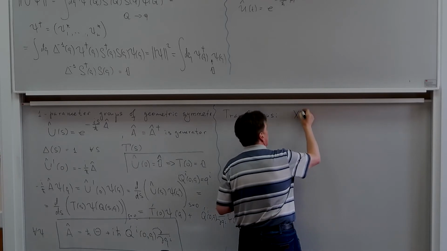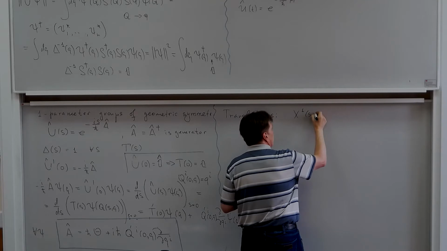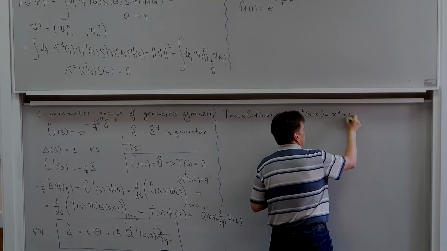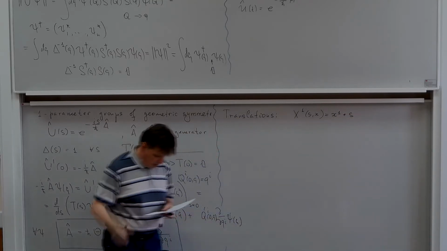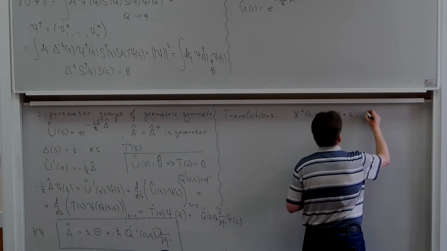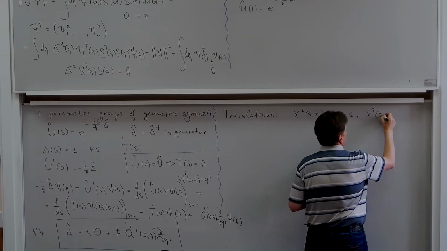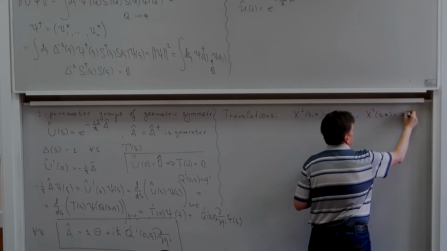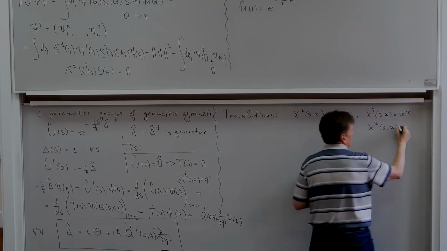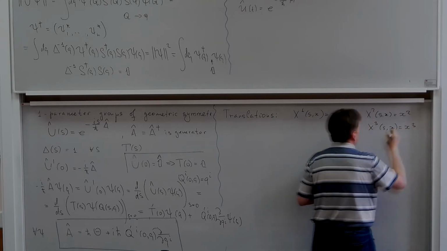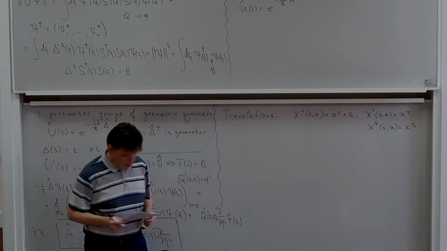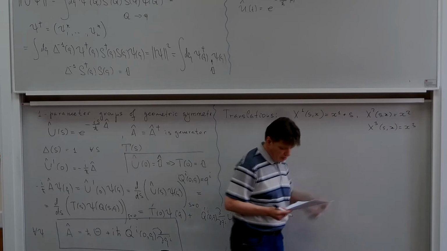So the new coordinates, capital X of s and x, are given by x1 plus s, where s is the parameter of translation, and x2 of s and x is given by x2 small, and x3 likewise. So x2 and x3 remain intact. I translate only the first coordinate x1 by some value s.